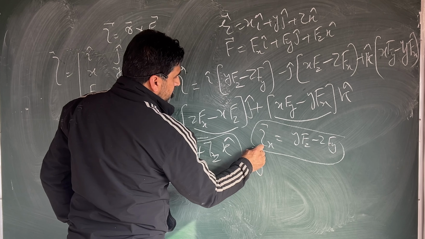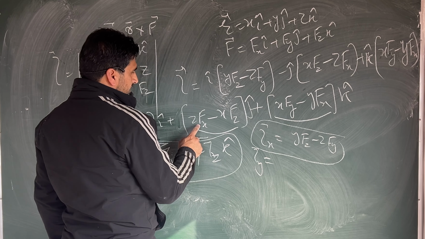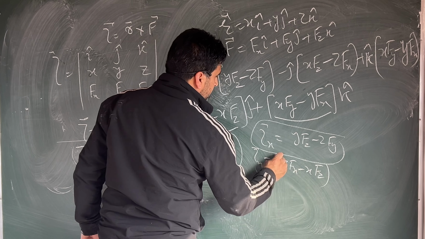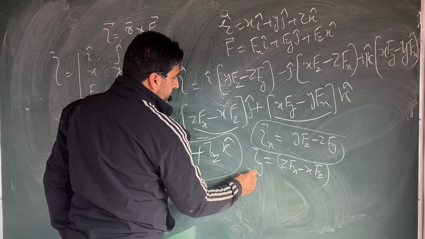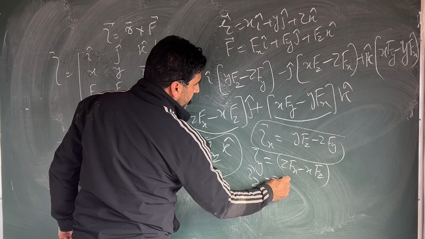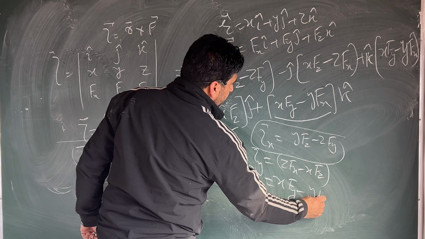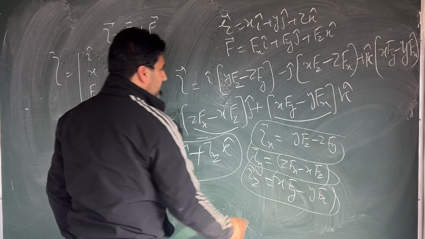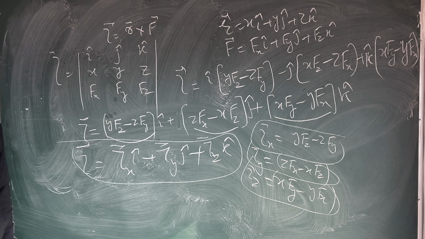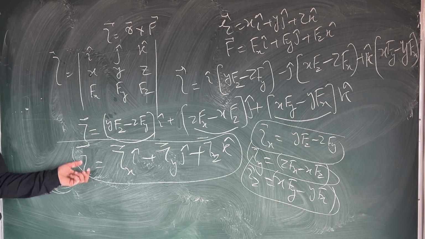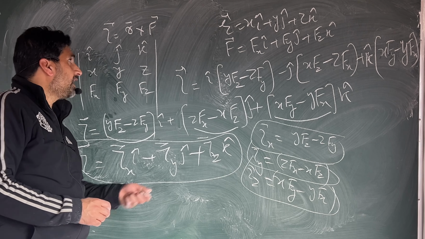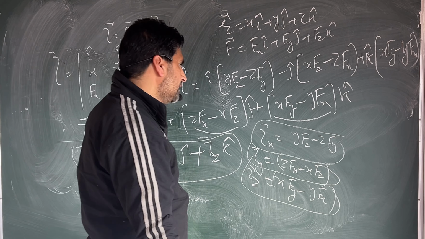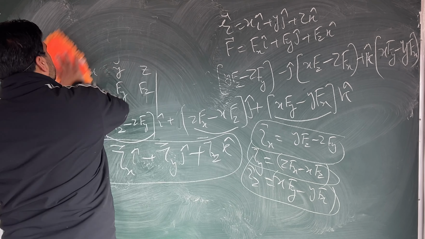Torque along y axis is z fx minus x fz, and torque along z axis is x fy minus y fx. These are the torques along the respective axes. So these were the components of torque. This is how we can write torque in vector form. If R is given in vector form and F is given, you can directly take the determinant form or use the right-hand rule to find it.